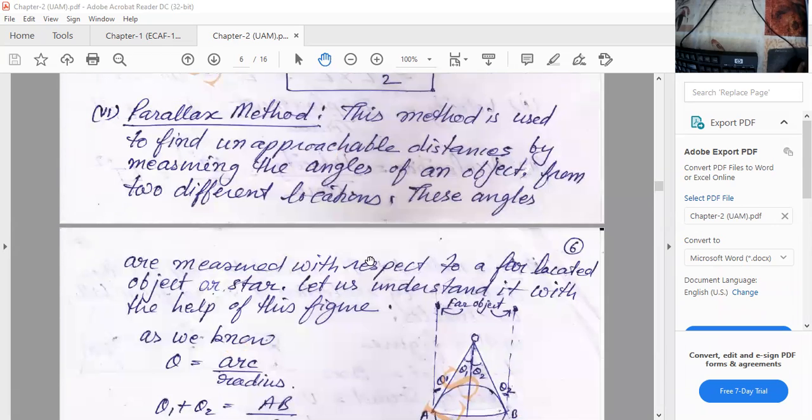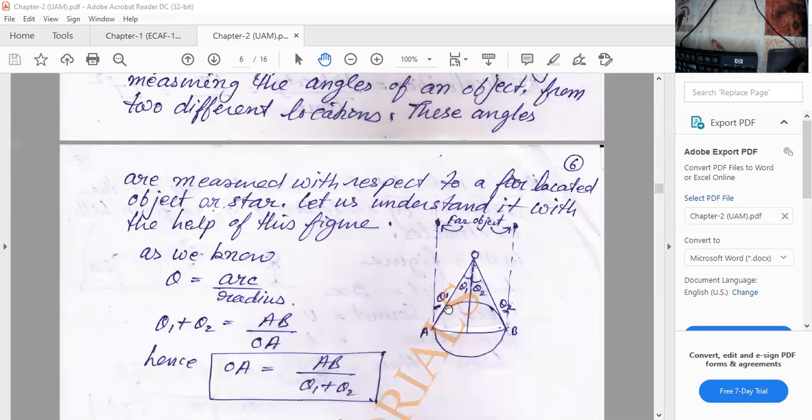Okay, now here comes the next method. This is the parallax method, as I have told you already. First of all, I will try to clear the diagram, and after that you will be aware of this. So let us see. This is our Earth. Suppose A and B are the ends of a diameter on the surface of the Earth. Now here O is an object whose distance we have to calculate from A or B. How can we measure it?